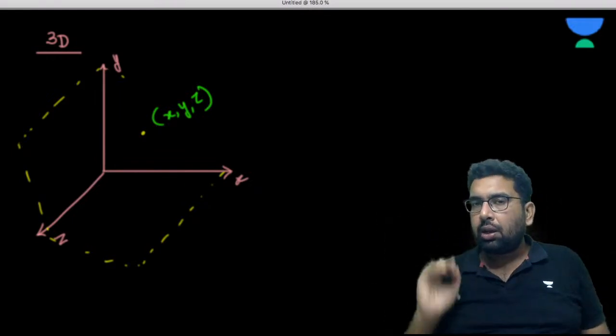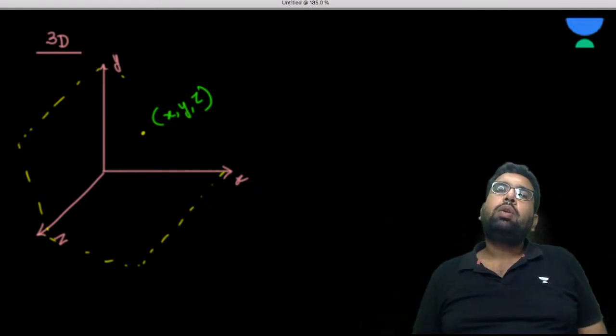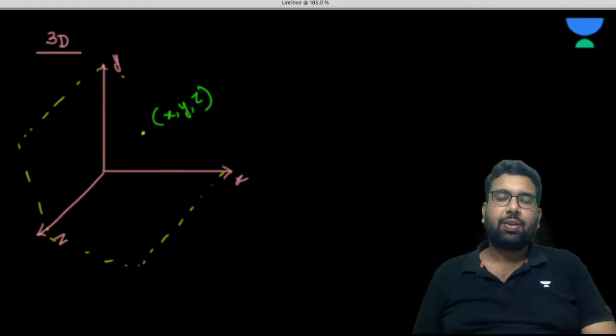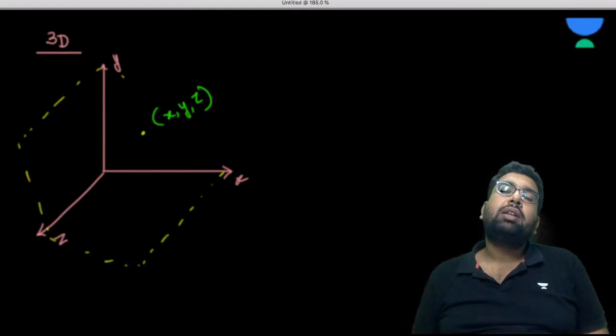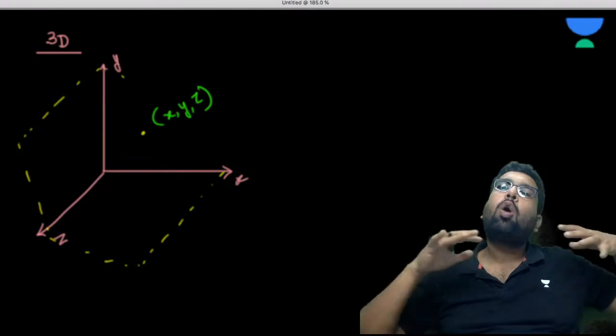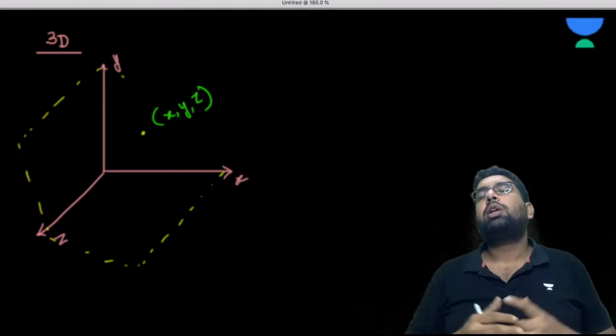If you see the corner, you are definitely going to see 3 directions going out from that particular corner, isn't it? Yes or no? Yes, sir. Now just try to imagine that there is some point which is away in all 3 directions from that particular corner.